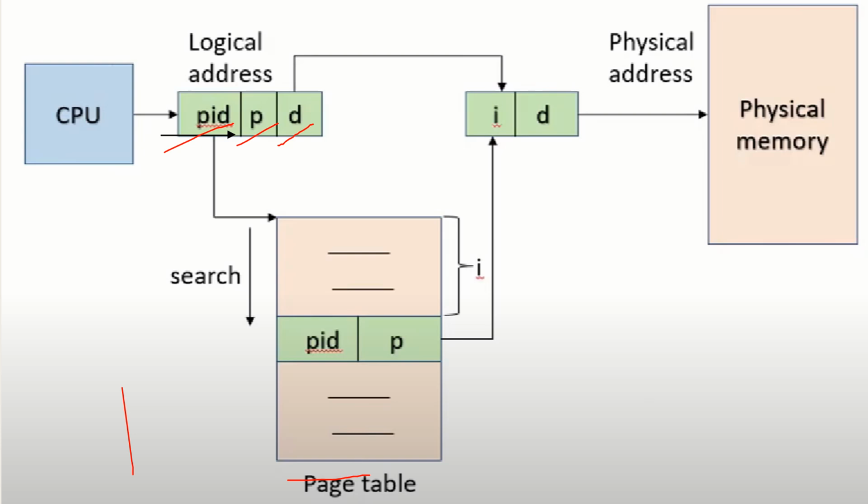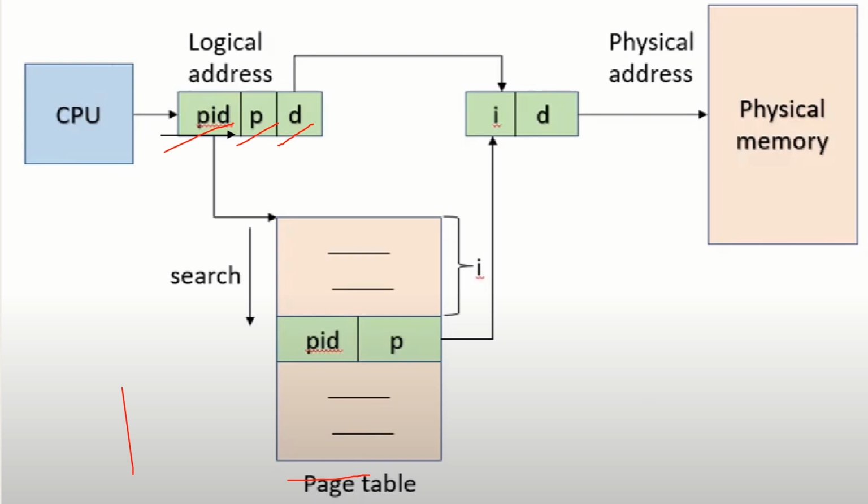If the entry is found here, we know this gives us the frame number. As you can see in this diagram, once we find the entry, we know that it corresponds to frame 2.